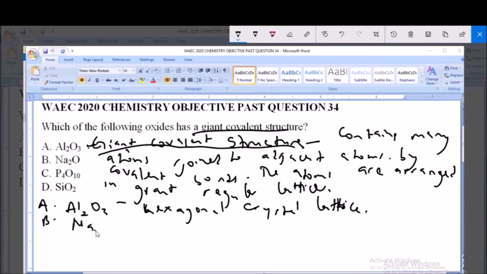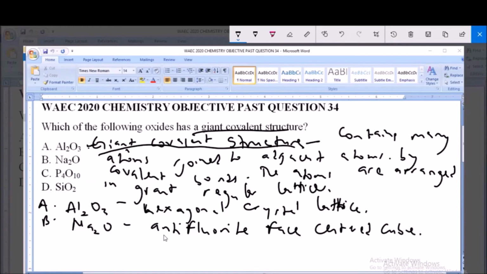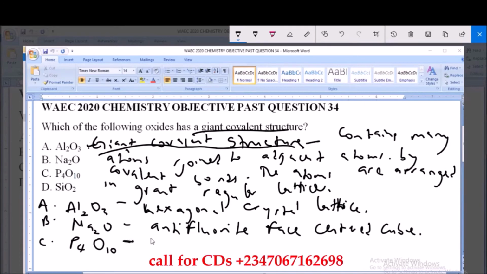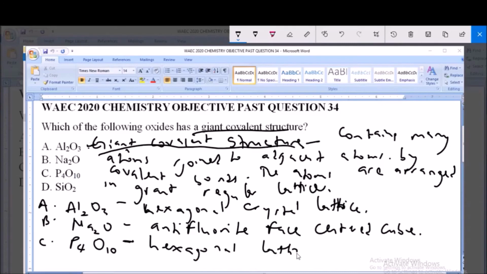Now for sodium oxide, it has a structure which is best described as an anti-fluoride face centered cubic structure. Now option C, which is phosphorus pentoxide, P4O10, has a hexagonal lattice structure.